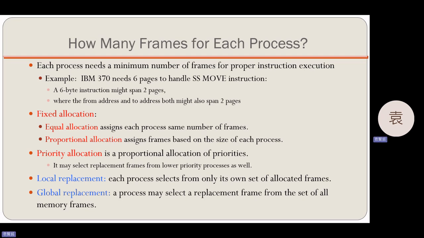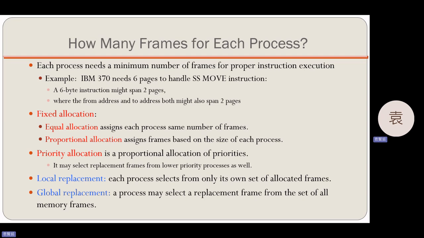This SS move means they move a block of memory from one place to another place. So the source address and the destination address both may span 2 pages also. So to be able to execute this particular instruction, they may require up to 6 pages all in memory.